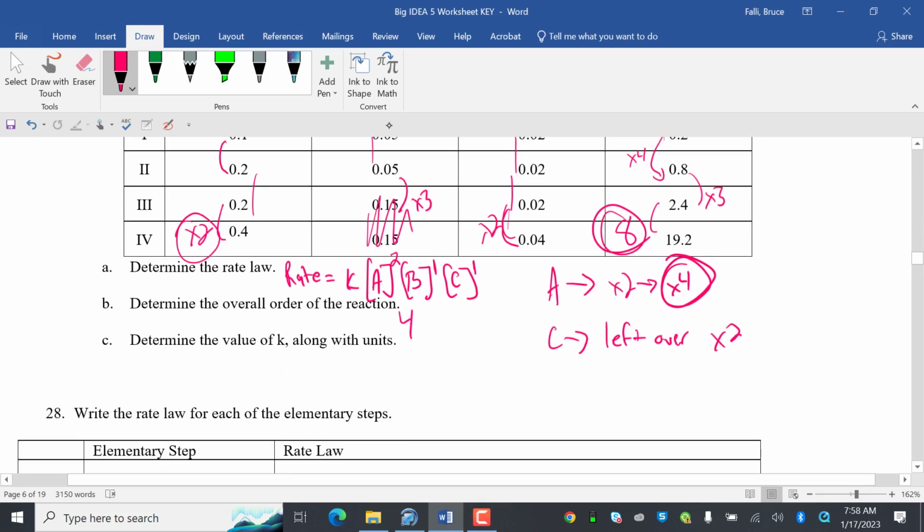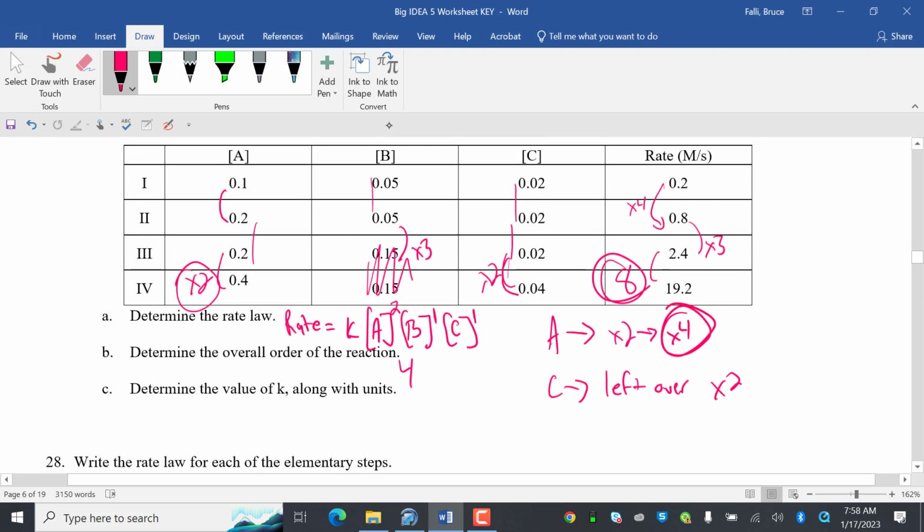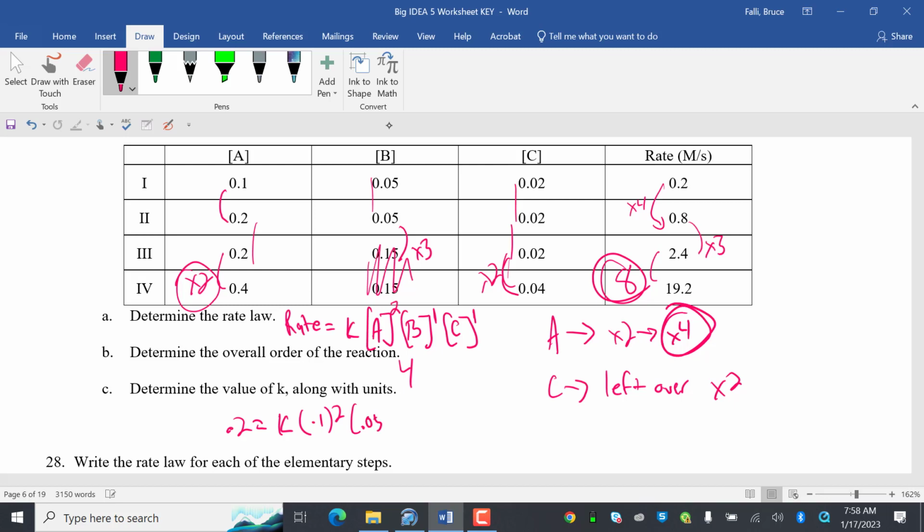Okay, so determine the value of K along with units. So I'm going to use that first equation. 0.2 is my rate, equals K times A squared, 0.1 squared, times B to the first, 0.05, times C to the first, 0.02.